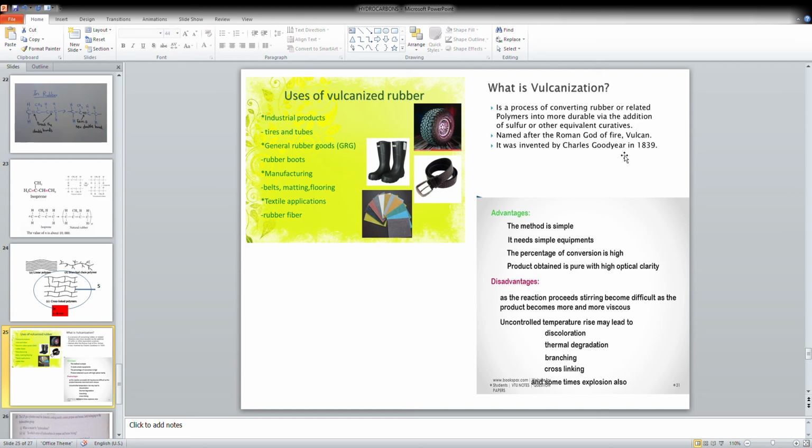That is the name as Goodyear tires, right? And the advantages: this method is simple. And other thing, we can use them for a long period of time, durable and hard, right? And the uses: these are used in boots and belts, right? And in so many places we use vulcanized rubber rather than normal natural rubber, right? Likewise, we know the uses.